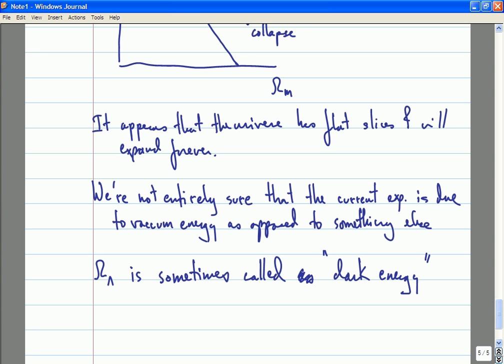However, it was only around 1997 or 1998 that some observations began trickling in from supernova data that hinted that omega lambda was non-zero. This was initially quite controversial. It was the first observation that the universe is not only expanding, but expanding at an accelerated rate.